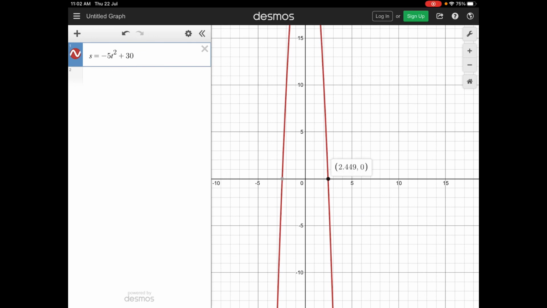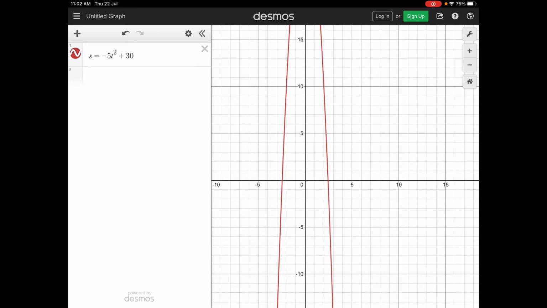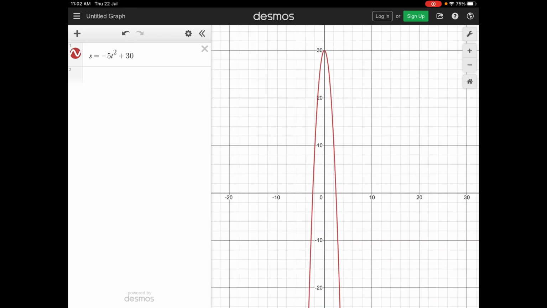That intersect gives me the time at which this happens: at 2.449 seconds, the ball would hit the ground. But that's just a nice visual representation to show you that when we have these functions, what we're actually doing is creating the function and then translating it up to the correct starting location.